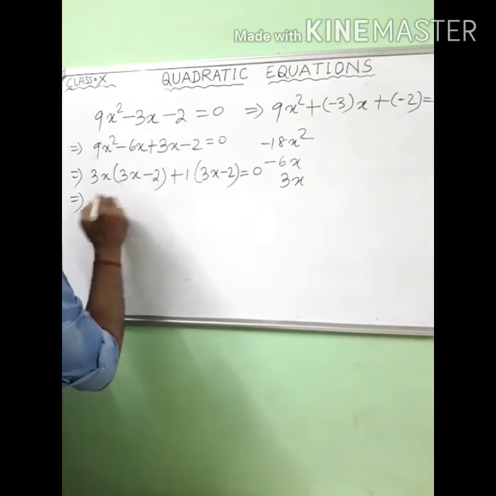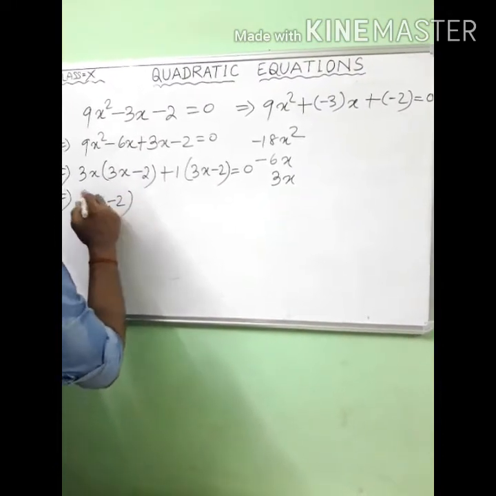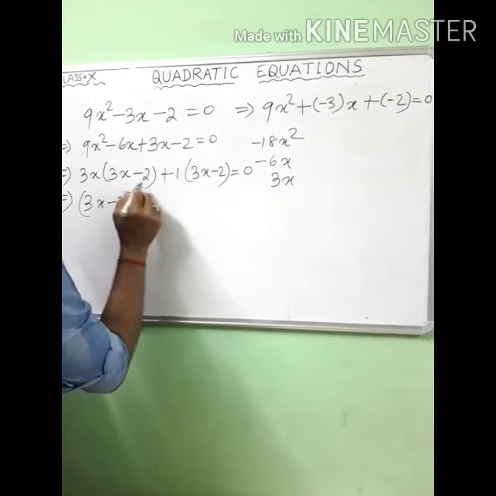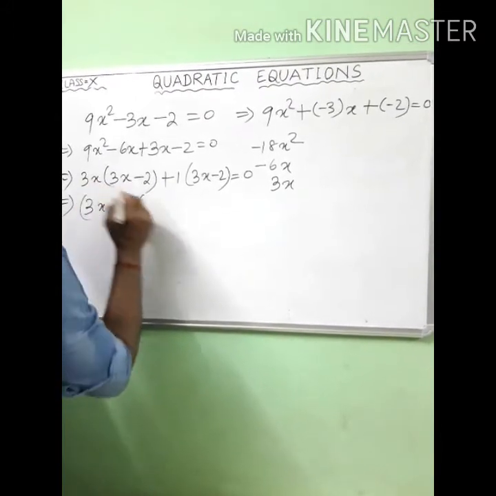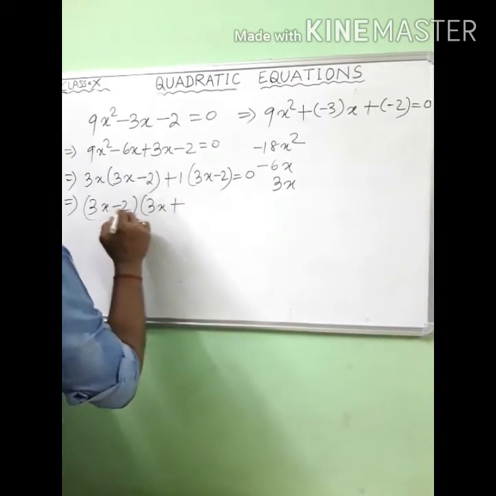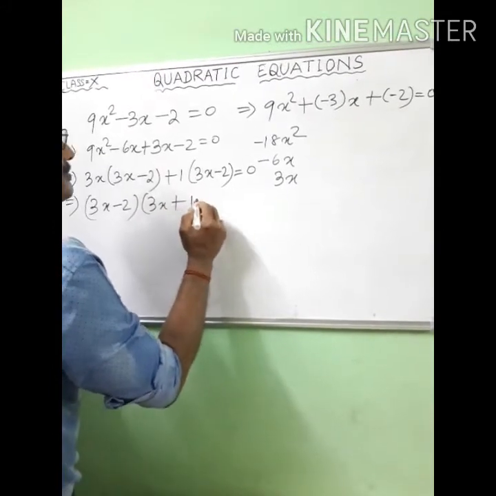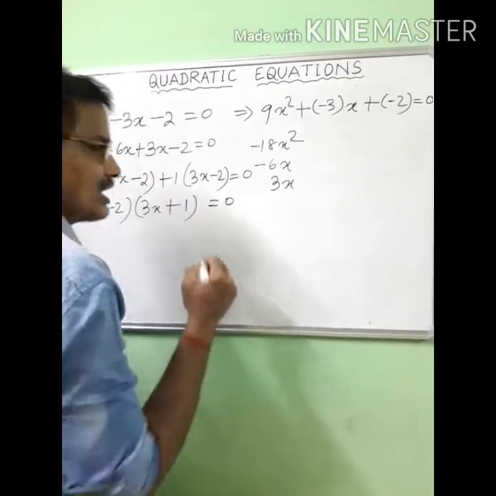Now 3x minus 2 is taken as common. Here remaining is 3x, so 3x, and here also 3x minus 2 is taken as common, so remaining is 1. So 3x plus 1 into 3x minus 2 is equal to 0. Clear?